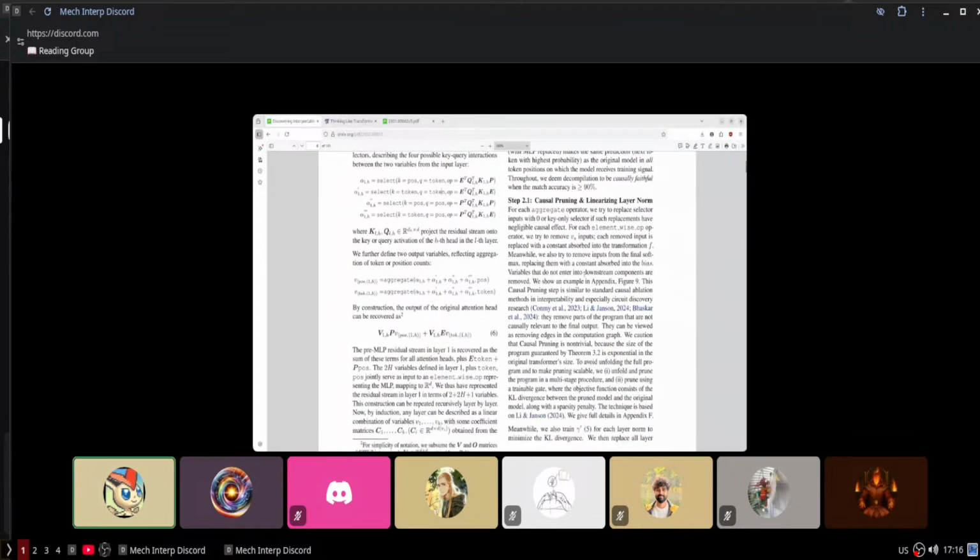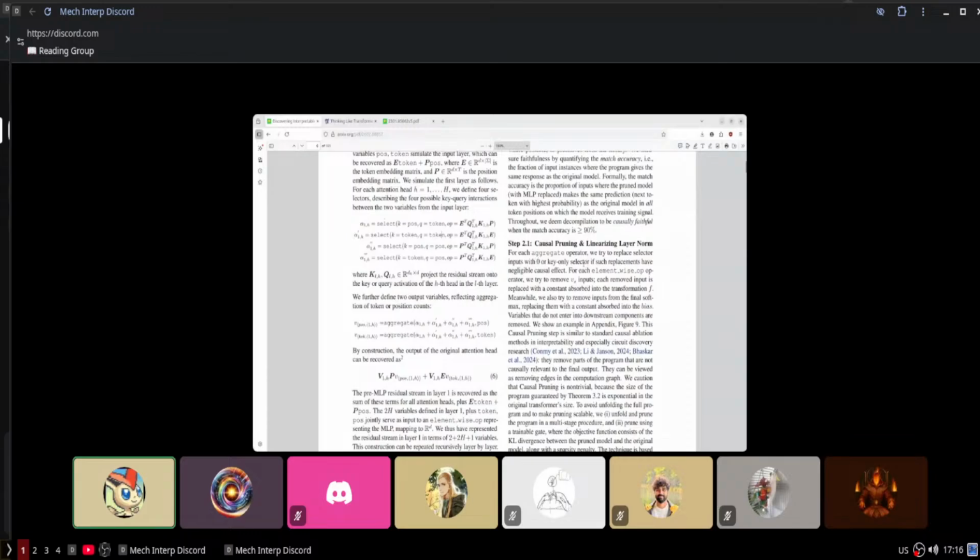The first thing is, for each aggregate operator, which I think is just doing a sum, but not sure. And here, for example, they describe some of the selects.